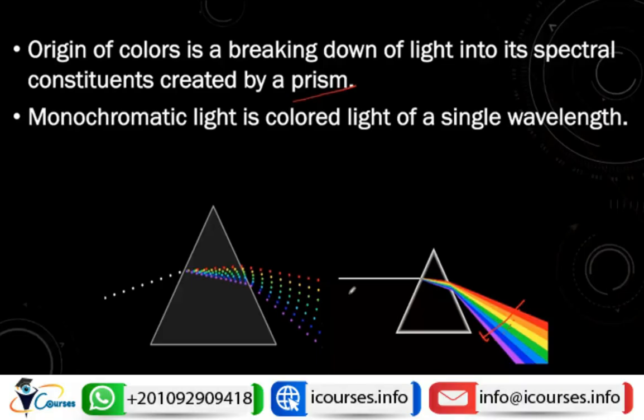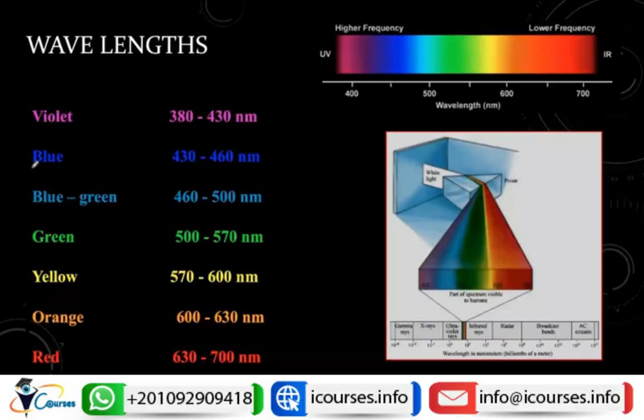Monochromatic light is a colored light of a single wavelength, and white light is the addition of different colors. You don't have to memorize which color has which wavelength, but this is just to illustrate the differences in wavelength between the different colors, to prove that color is a function of wavelength.